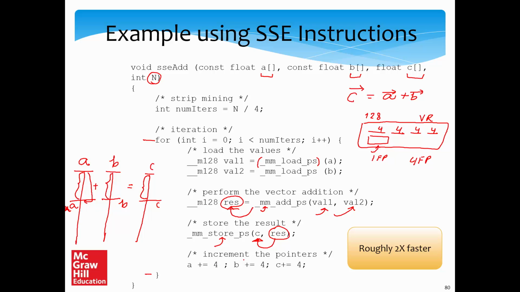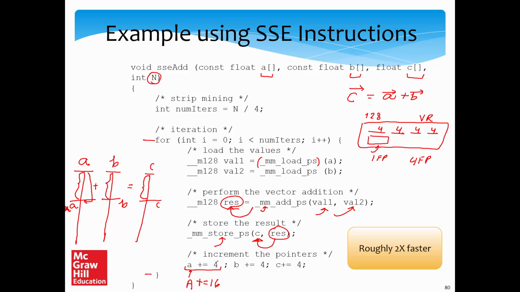So to do that, we need to increment the pointers in C. So we do A plus equal to 4. So since we already know that A is an array of floating point numbers, and each number is 4 bytes, what we are doing is, if let's say capital A is the address of A, we are actually doing A plus equal to 16, right? So that's the way C works.